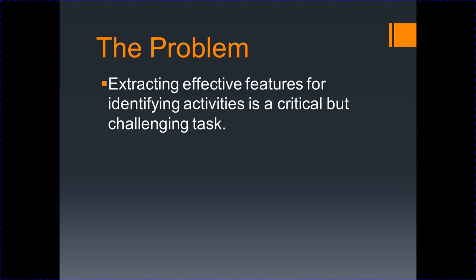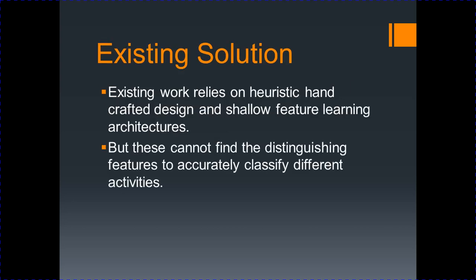So the solution: we have existing solutions, but those approaches are based on heuristics. They have some set of features that are applied to extract the features. But human activity recognition is very dynamic in nature, because each picture is different, and in some pictures there may be many activities and in another there may be few activities.